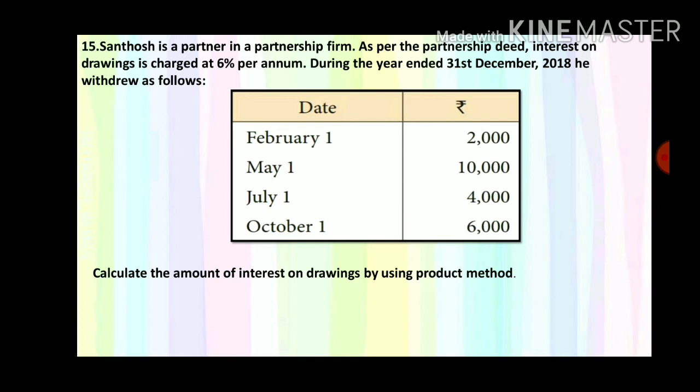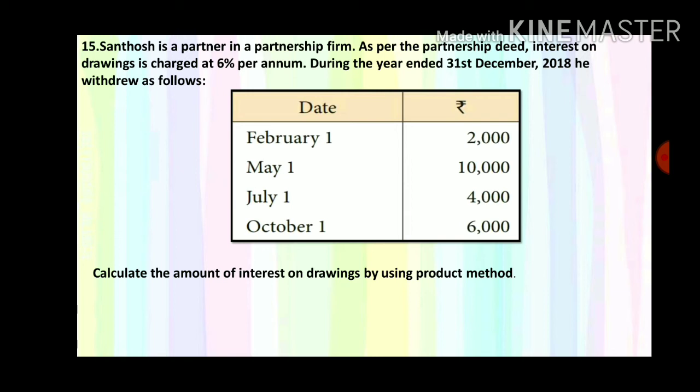Next question number 15. Santosh is a partner in a partnership firm. As per the partnership deed, interest on drawing is charged at 6% per annum during the year ended 31st December 2018.